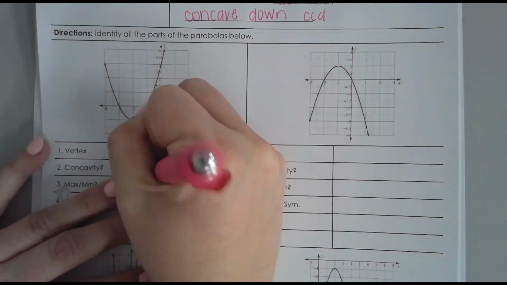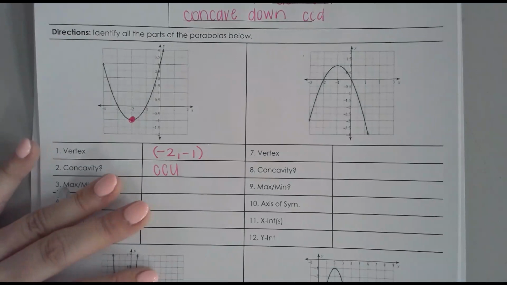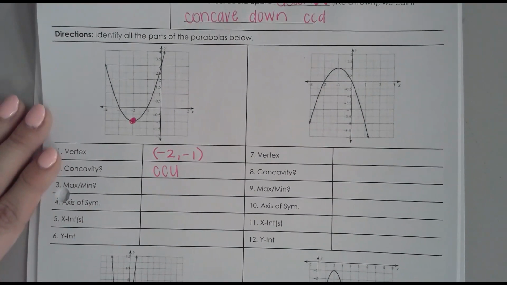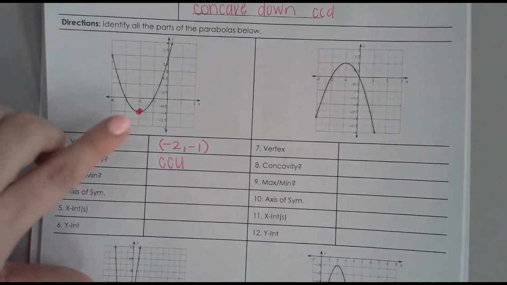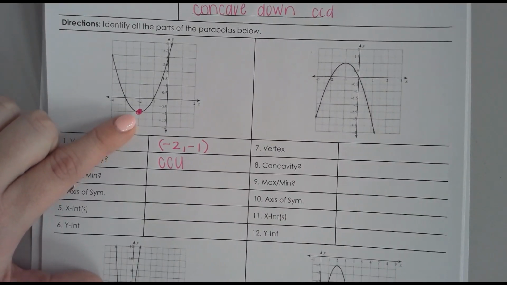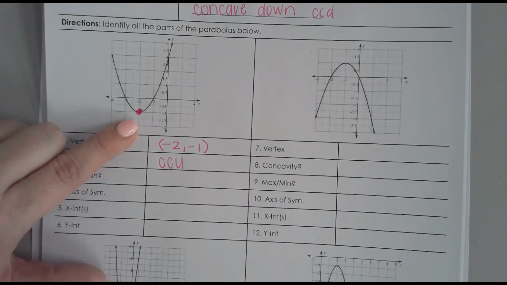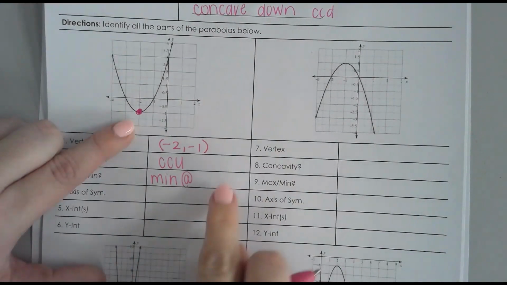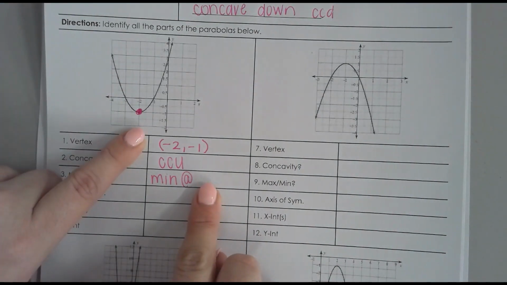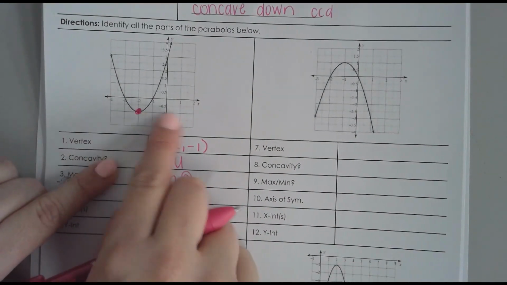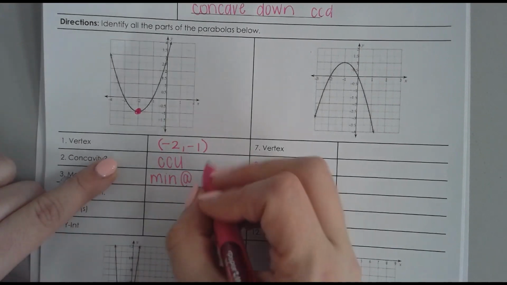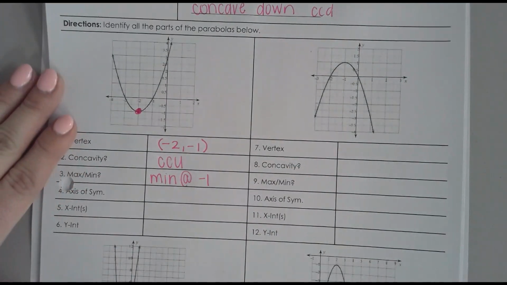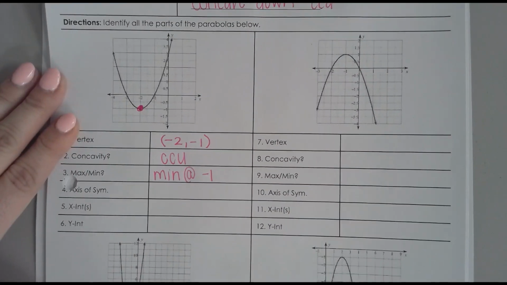Up. So you can write the whole thing if you want, or you can abbreviate. Is this a maximum or a minimum? It's a minimum at, and we put the y value of the vertex. So the lowest that it goes is -1. So I would say a minimum at -1.